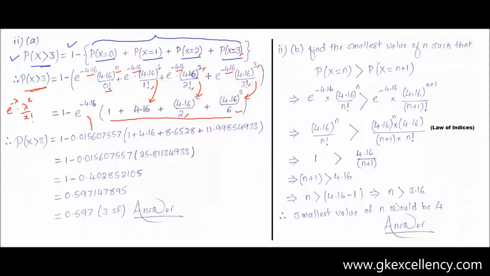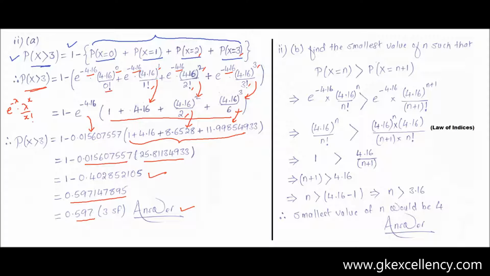Now it's a matter of plain algebraic calculation. Add them together, multiply, and finally 1 minus 0.02852105 will give the final answer, which is 0.597 to 3 significant figures, and that's my answer.